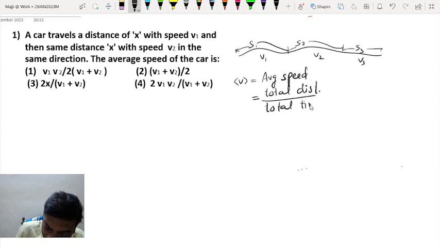This is the formula. Remember, distance and time are both scalar quantities, so you can simply add them to get the total. Let us say the time taken is t1, here t2 and t3. Then total time will be this.